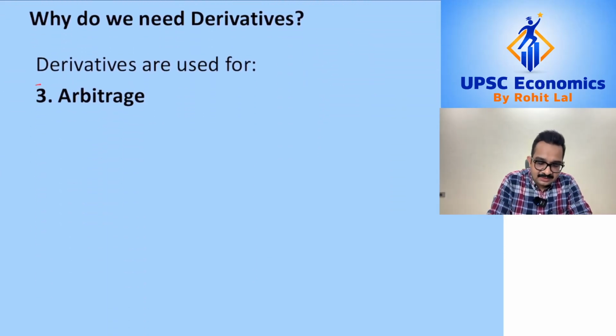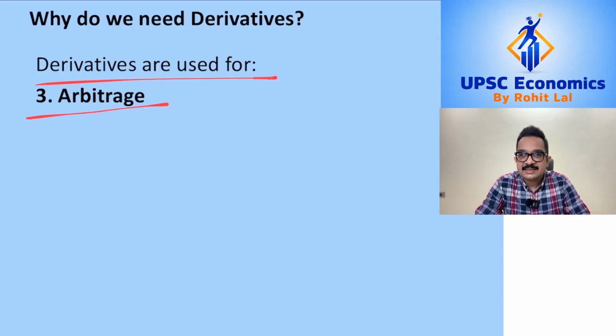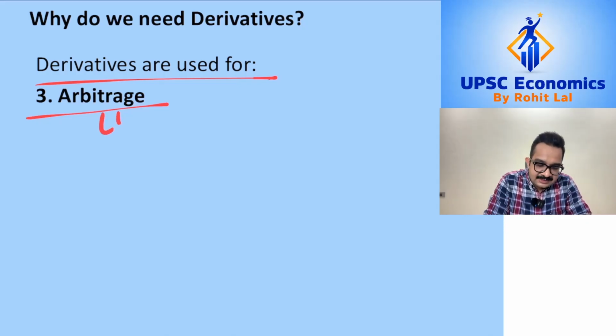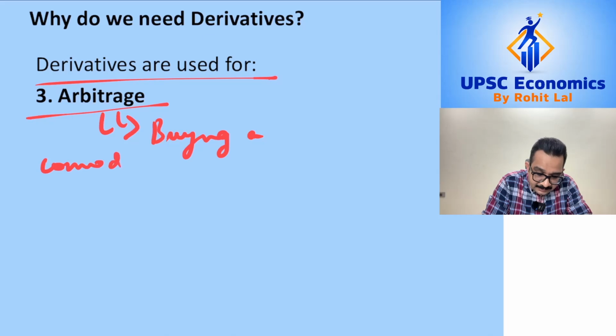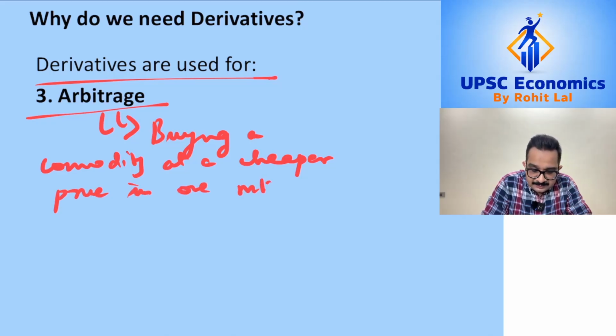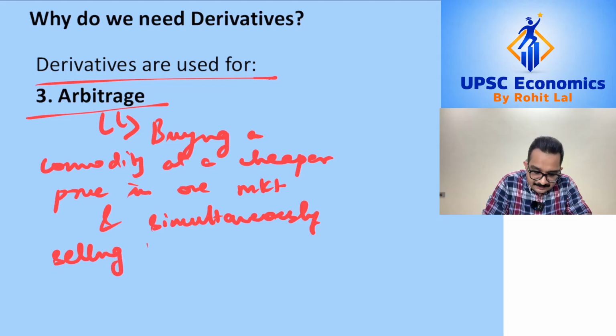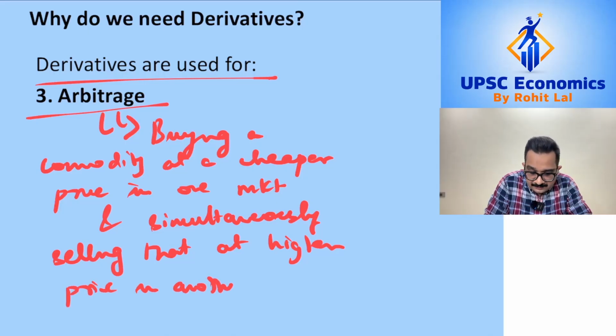The third benefit which derivatives provide is that they help in arbitrage. Arbitrage is a process where a trader buys a commodity at a cheaper price in one market, and simultaneously sells that at a higher price in another market.